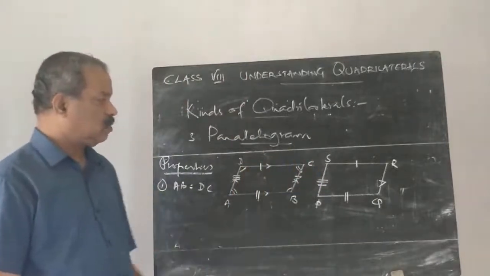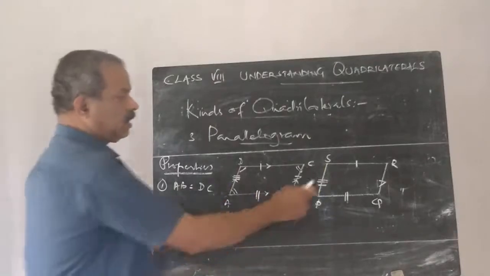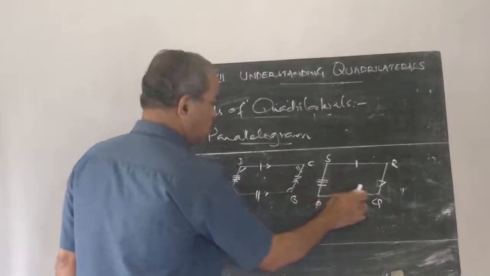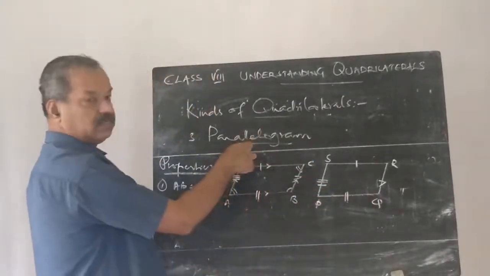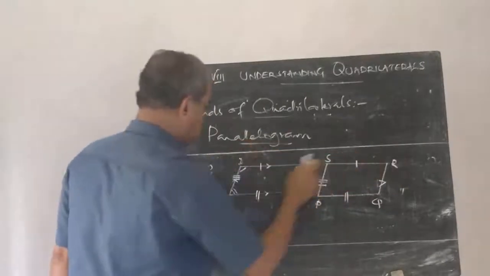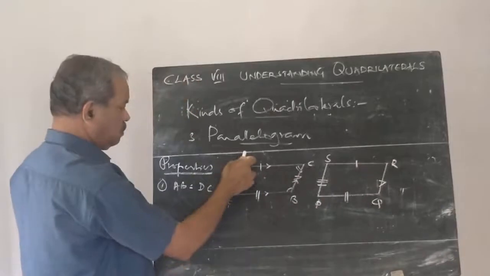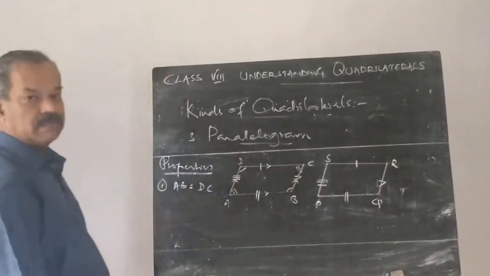Draw such two parallelograms, take a cutout of this and put it on this. In that order, PQ coincides with DC, SR coincides with AB, RQ coincides with DA, and SP coincides with BC.